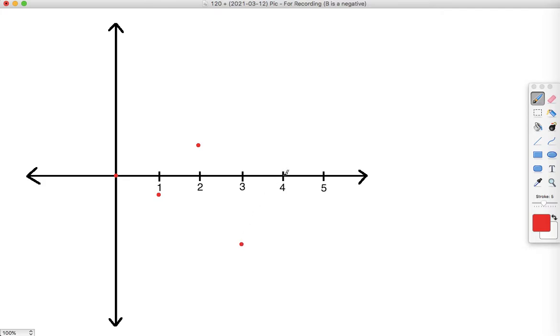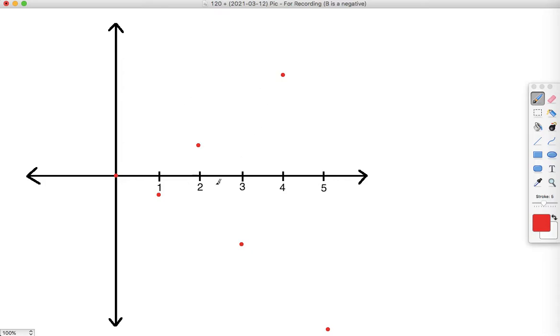X equal 4, y was positive 16. And then x equal 5, y was negative 32, which is somewhere, I don't know, way down here. So it just kind of goes up and down all over the place.